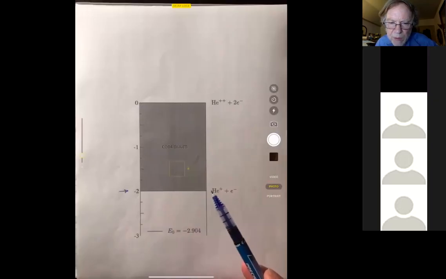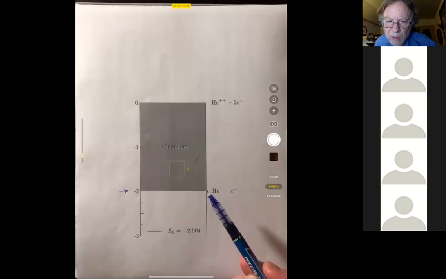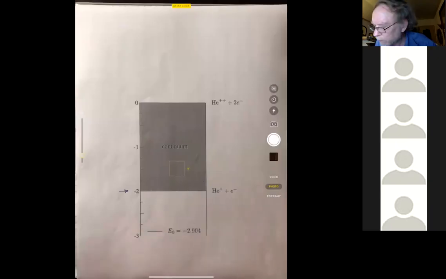That is to say, it's at the ionization energy of the very first electron. And the reason is once that first electron has been separated out to an infinite distance, you're free to give it any kinetic energy you want in a continuous manner. So there's a continuum of states that starts here and goes on upwards. So the continuum threshold is actually at energy minus 2.